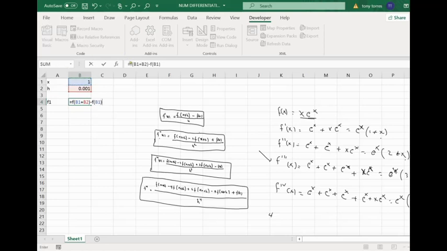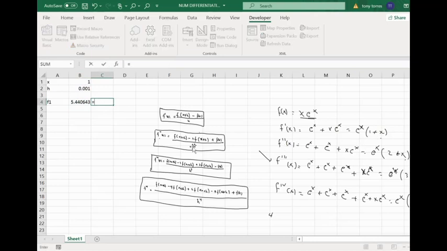Now I need to put parentheses here because all of that will be divided by h, this value here. If that number makes sense or is right, it should be close to the first derivative. Let's work that out.